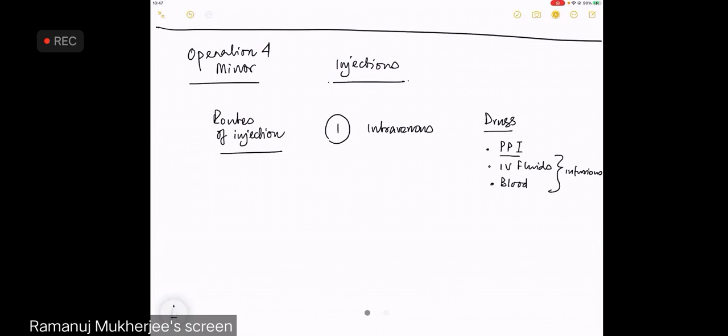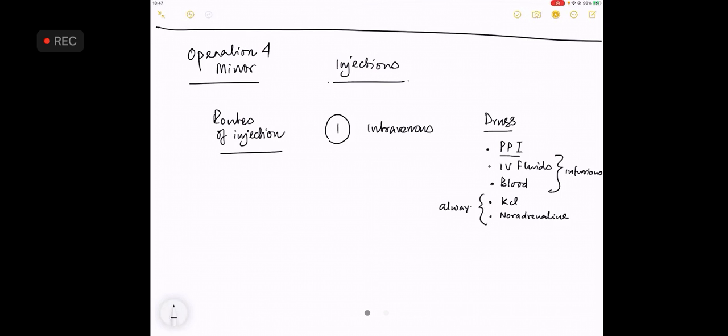Now, some agents like potassium chloride and noradrenaline are always given in a central vein. Always remember, and that also in a dilution, because these are required to produce a severe vein wall injury.